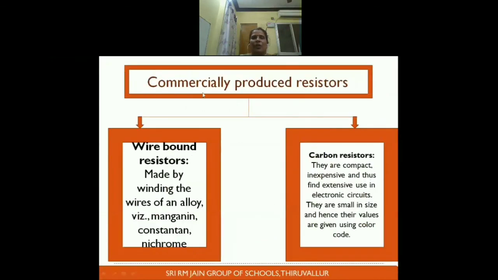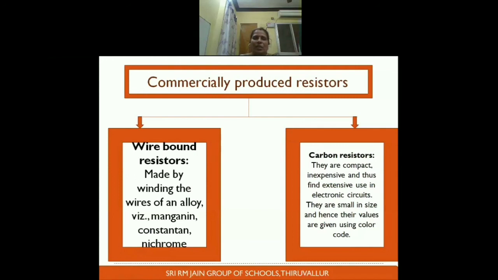Now we are going to see commercially produced resistors. Resistors may be used in laboratories, or for domestic purposes; they are used in most electronic circuits.